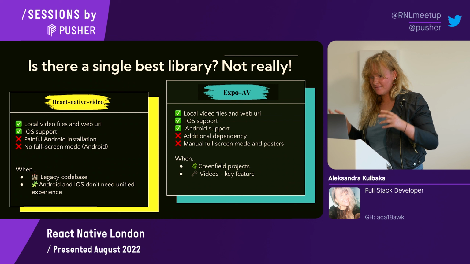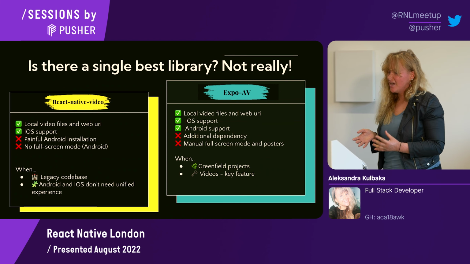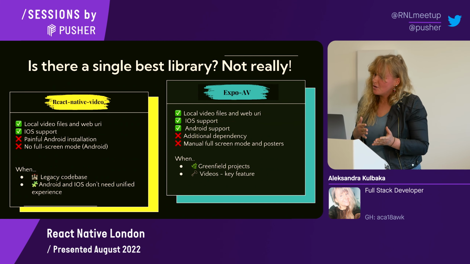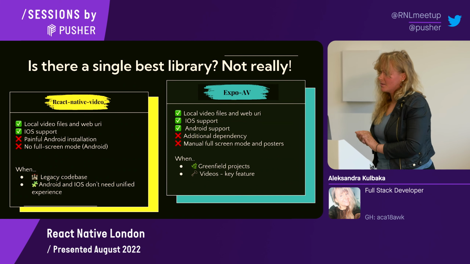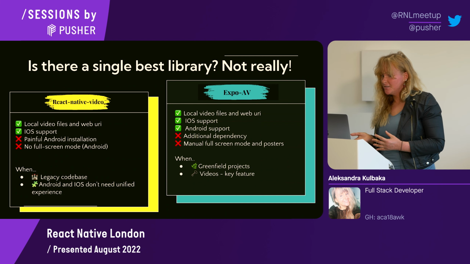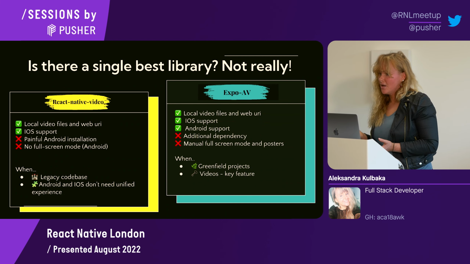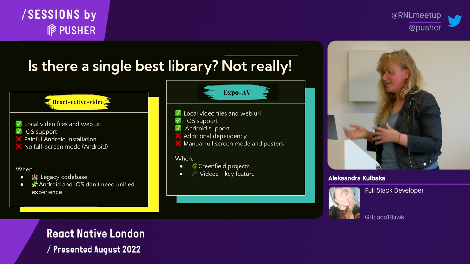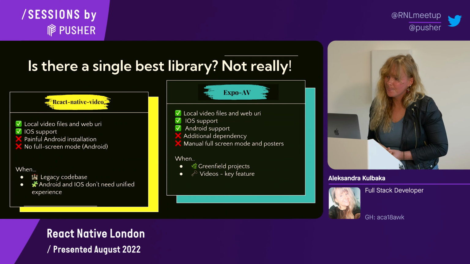Or if you have really big code base with already many, many dependencies, and you don't want to add another many dependencies, then probably go for React Native Video, just because it's one library and not 2. Or maybe if you don't care about Android experience that much, so if you are not bothered by lack of full screen mode on Android, or if you don't need to have the unified experience between iOS and Android, then also go for React Native Video.